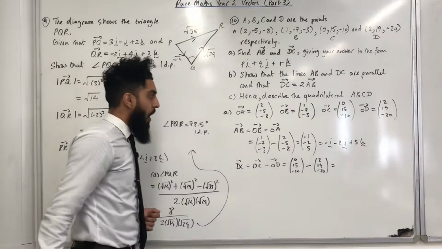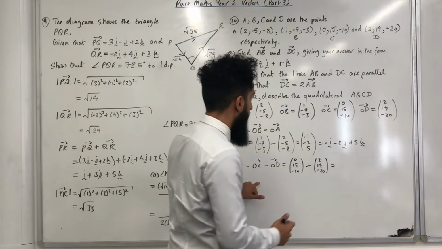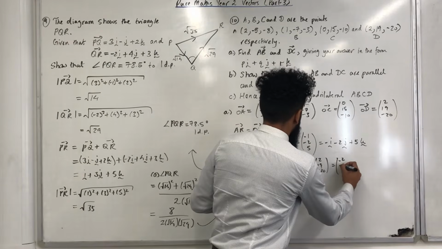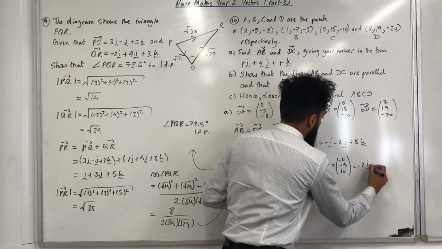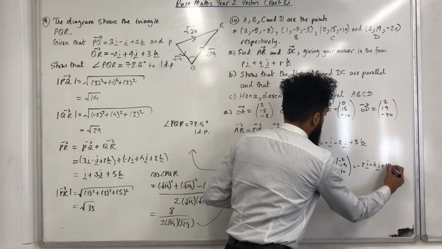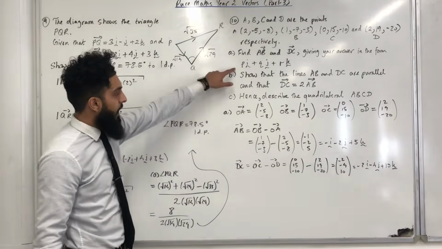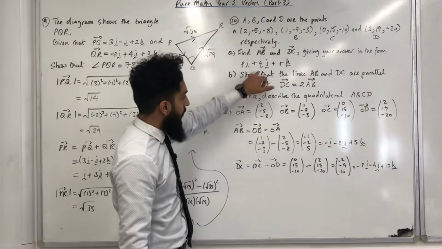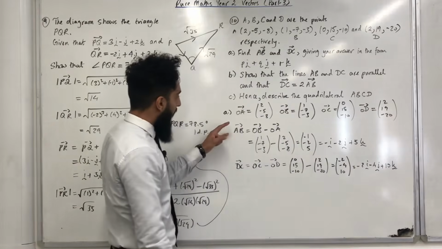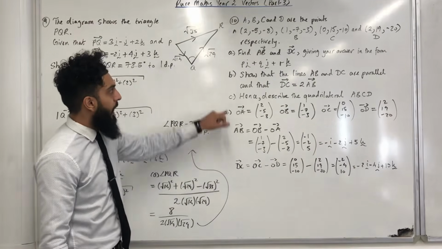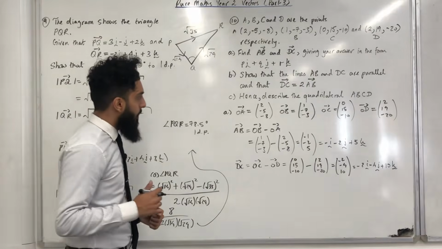We can simplify these column vectors, and we end up with minus 2, minus 4, and 10, which is equivalent to minus 2i, minus 4j, plus 10k. So in this case, p will be minus 2, q will be minus 4, and r will be 10. So I found AB and DC in the form pi plus qj plus rk. Moving on to part b.